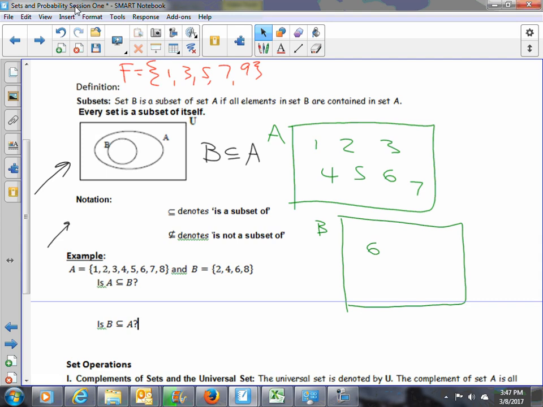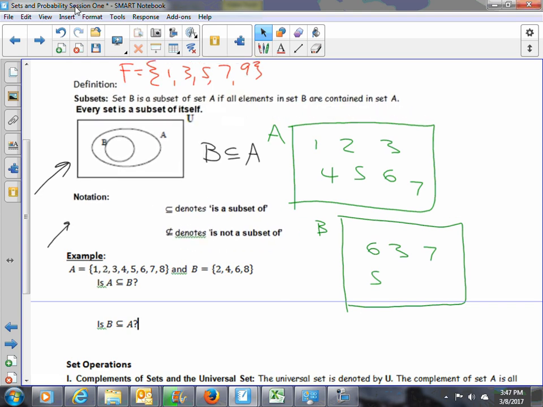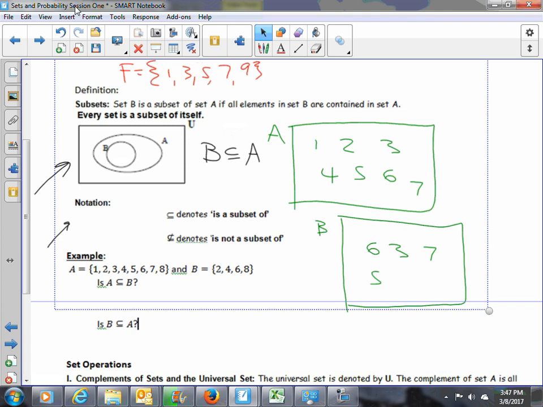B would be the set 6, and it is a subset of set A because everything that's in B is in A. We could have other elements in here also. So if 3, 5, 6, and 7 are in B, they're all in A, so B would be a subset of A.